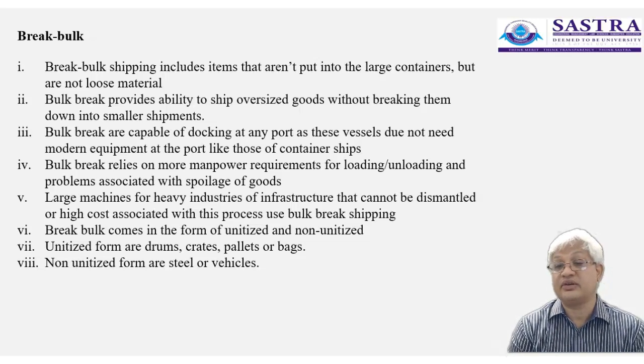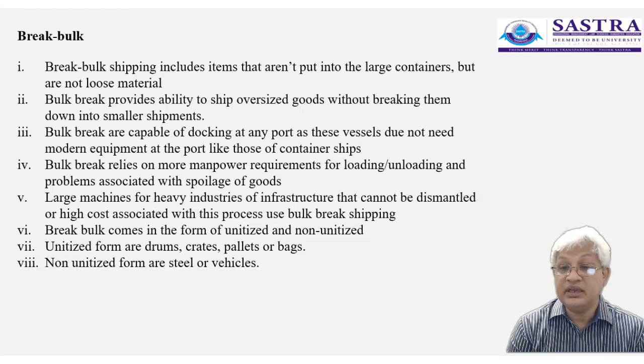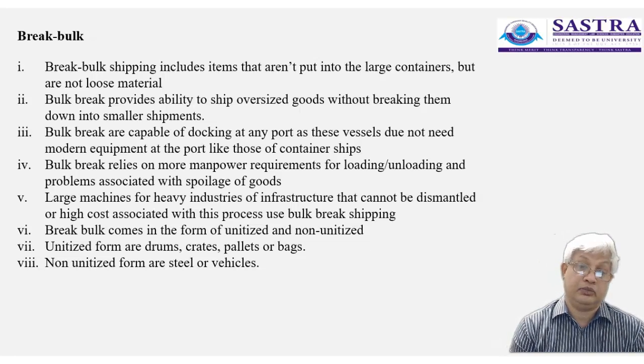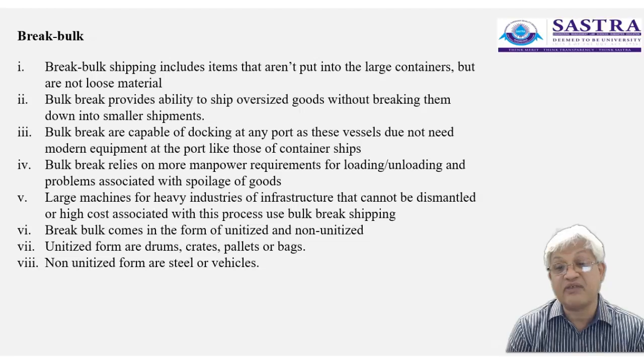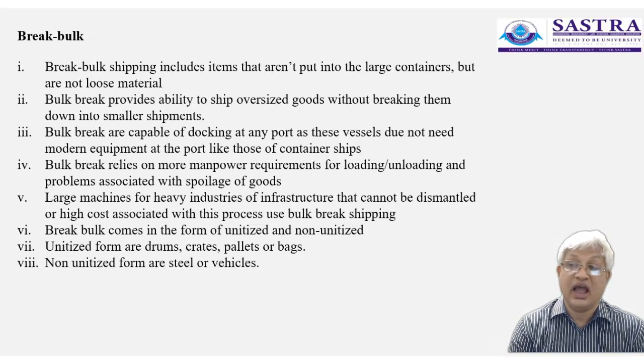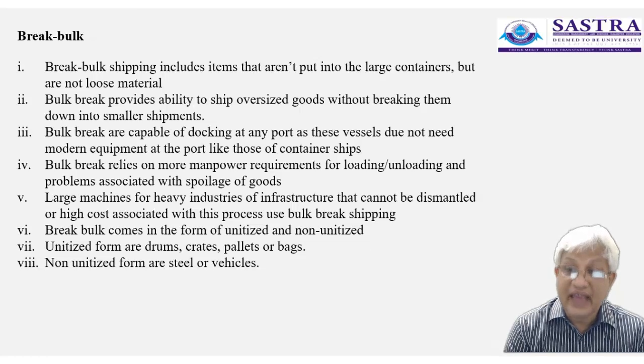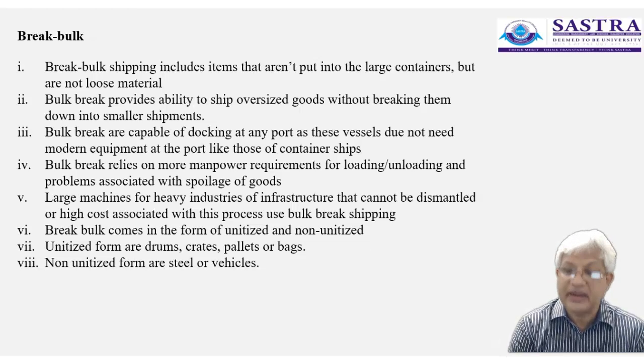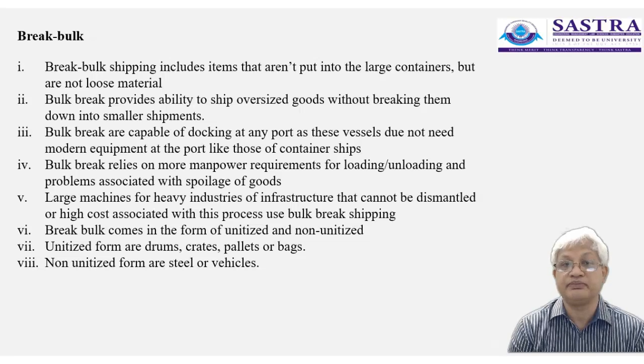In such cases, the big machine, maybe like a windmill or a space shuttle vehicle or a massive aircraft wing component, needs a carrier which can carry big shapes, big sizes, which is not in a unidimensional form. That's where the break bulk cargoes come into the picture.